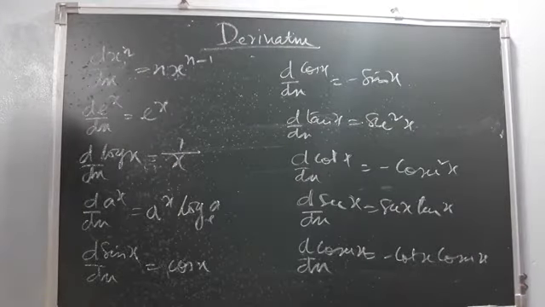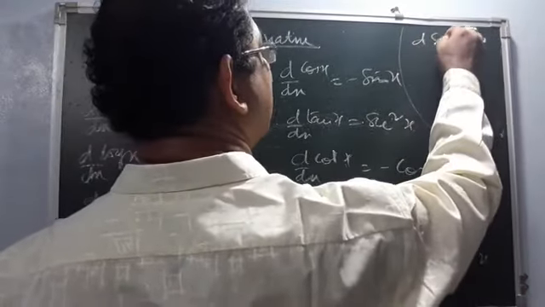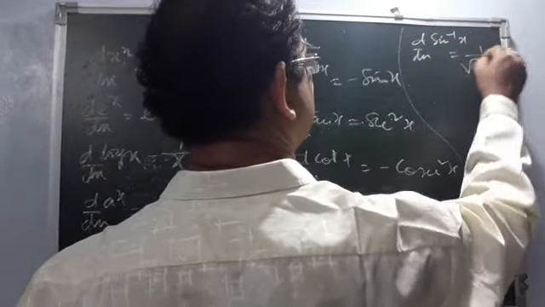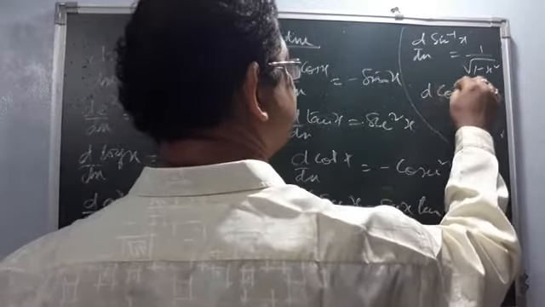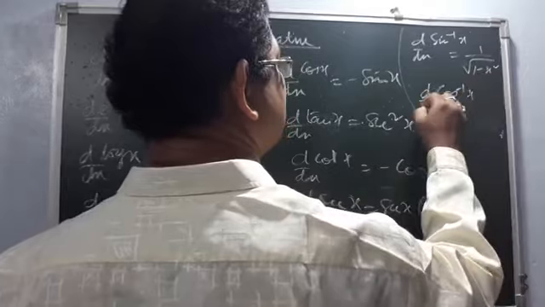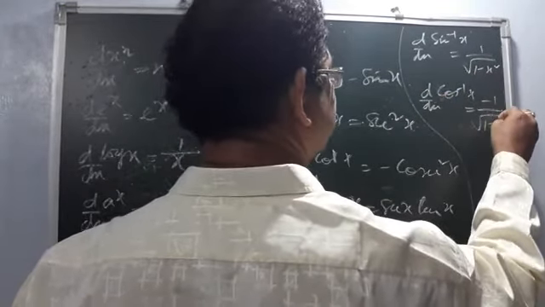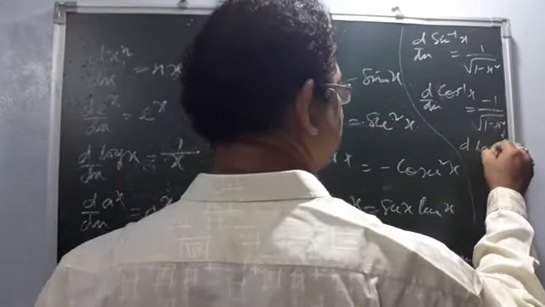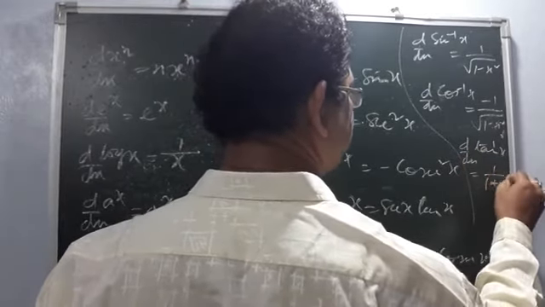After that, more formulas are there. Differentiation of sin inverse x with respect to x is 1 by root over 1 minus x square. Differentiation of cos inverse x is minus 1 by root over 1 minus x square. Differentiation of tan inverse x is 1 by 1 plus x square.